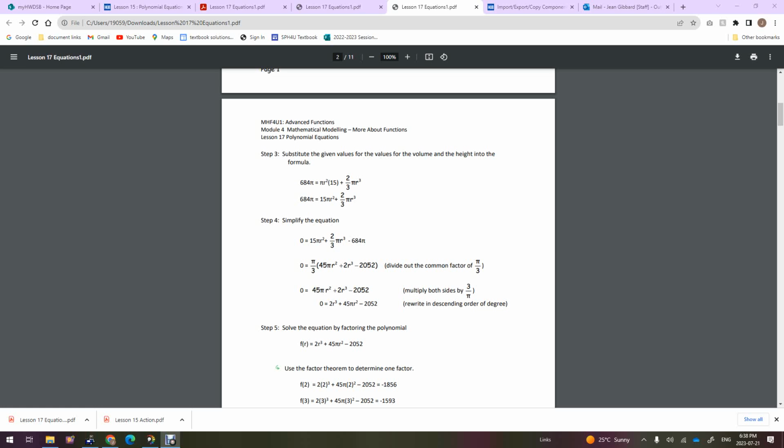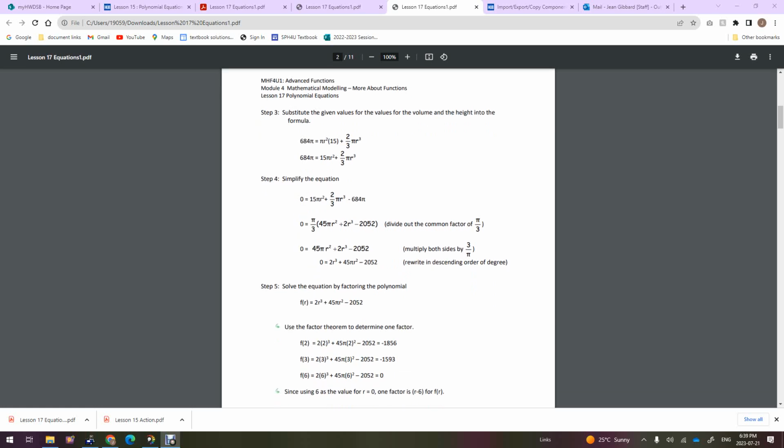Now we do know that when we're solving equations, we always write them in descending order of the degree. So our next step is to take 0 equals 2 pi r cubed plus 45 pi r squared minus 2052. Now this looks like the type of equation that we would be able to solve by factoring.